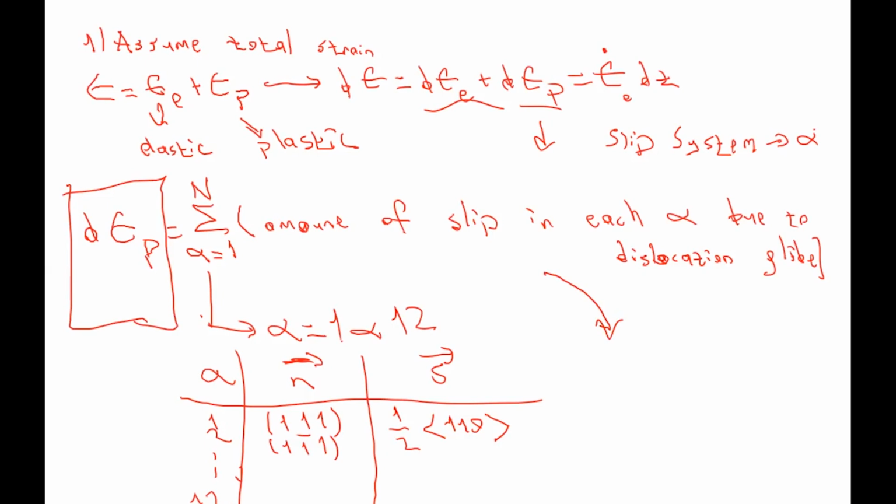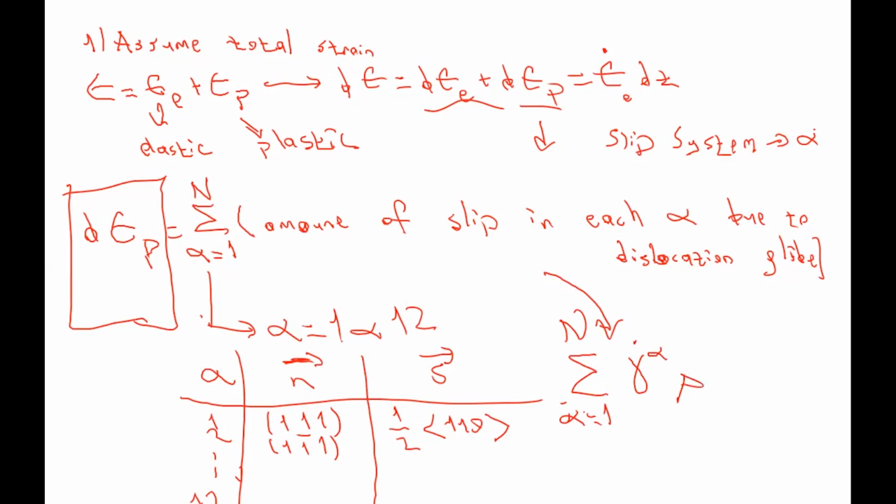So dε^p is equal to the sum from alpha equal to 1 to n, whatever it is, of the amount of slip in each slip system. Which corresponds to the shear rate, which is gamma dot, for each slip system.